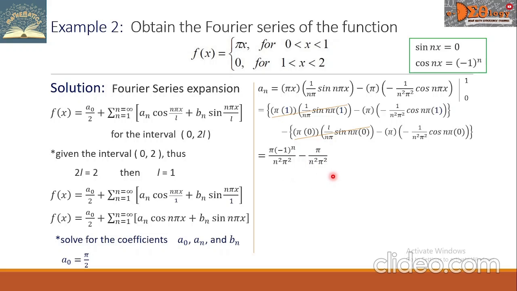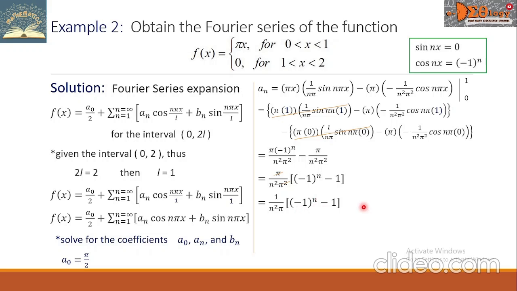From here, let us factor out the common, and that is the pi over n square pi square. What remains in the groups are negative 1 that is raised to power n minus 1. We can cancel this pi in the numerator, and there is a pi square in the denominator. So the final answer is 1 over n square pi, and this negative 1 raised to power n minus 1.